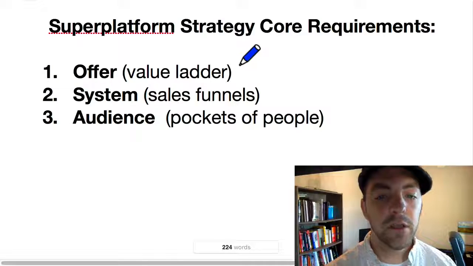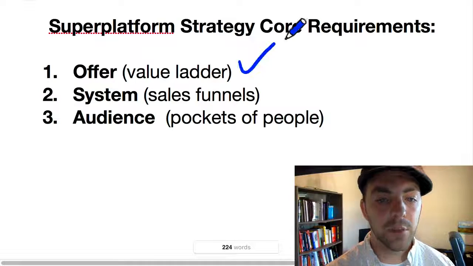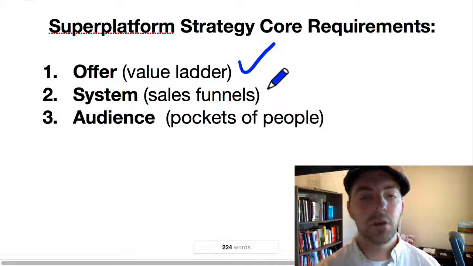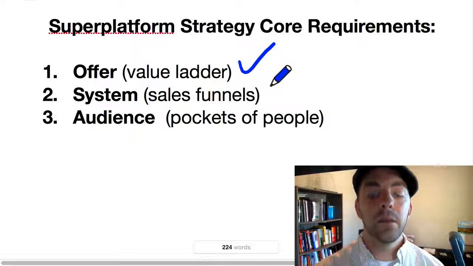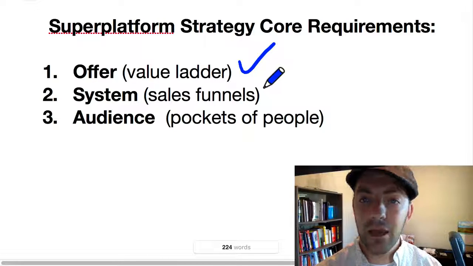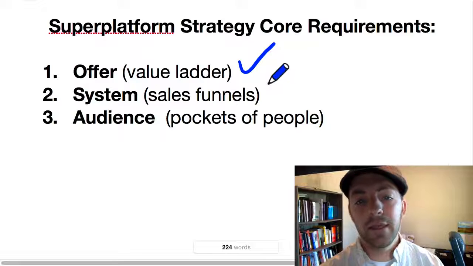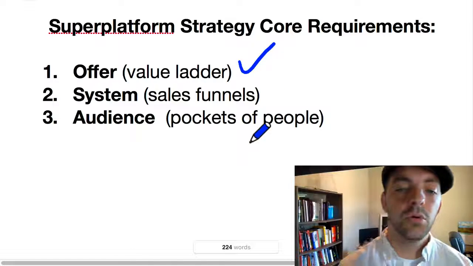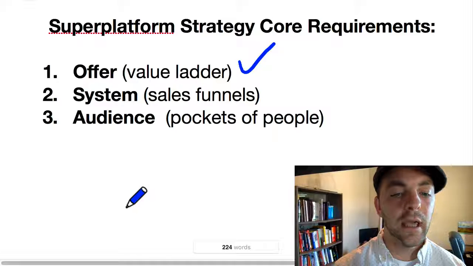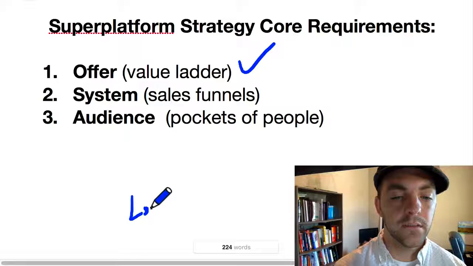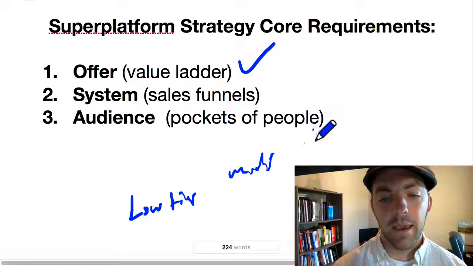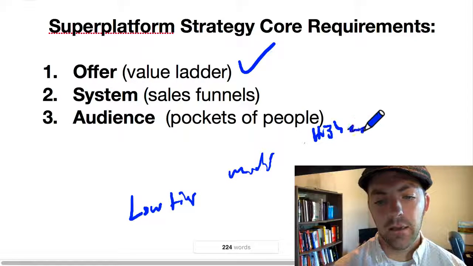The very first thing you have to have if you want to work on super platforms is offers, because you're going to be spending money and building infrastructure, so you need some kind of exchange for money. That's built through a value ladder. On the next video, we'll show you what that looks like, but to give you an example, you need a low tier, middle, and back end or high end option.